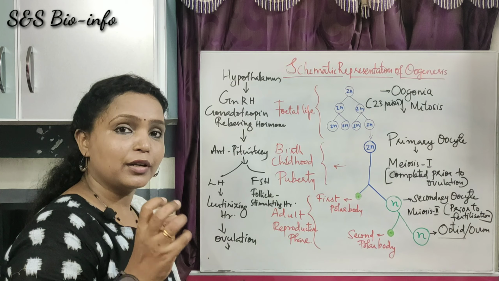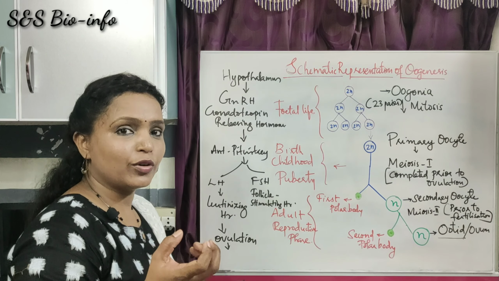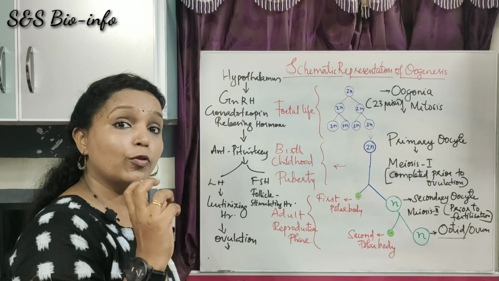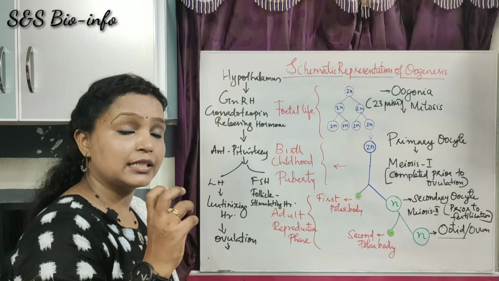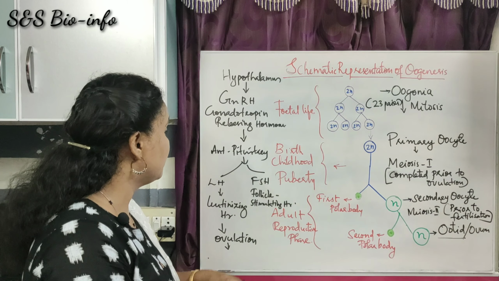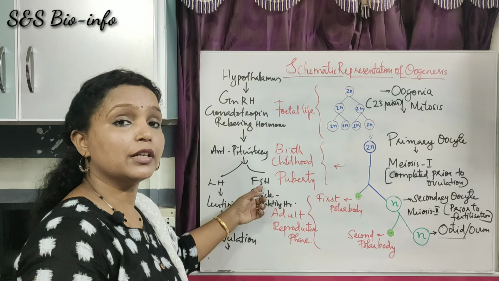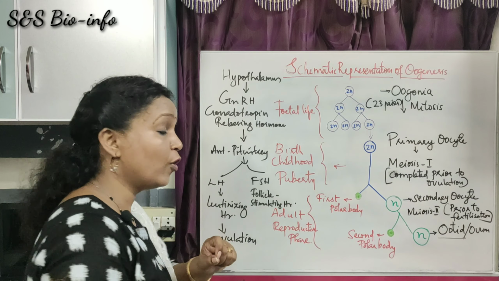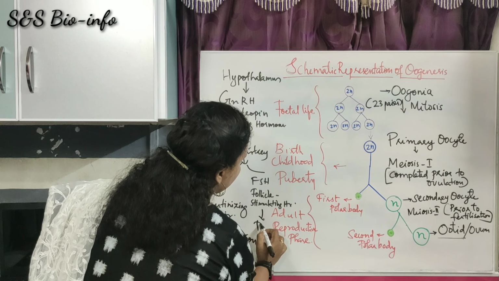We know that when the primary oocyte begins to mature, certain changes take place outside it, the formation of granulosa cells and theca cells. These follicular cells are developed by the stimulation of FSH, the follicle stimulating hormone, involved in follicular growth.